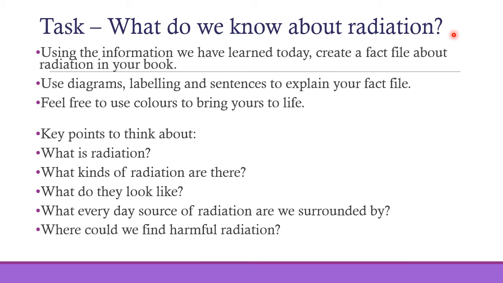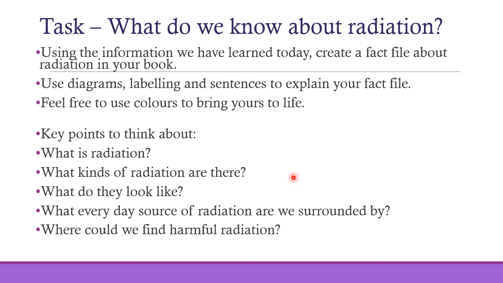Right, now, a little task that we can do about radiation. So using the information that you've learned today, create a fact file about radiation in your books. You can use diagrams, labeling, or sentences to explain your fact file, and feel free to use colours to bring it to life if you want. Now, key points that you could think about are: what is radiation? What kinds of radiation are there? What do they look like?